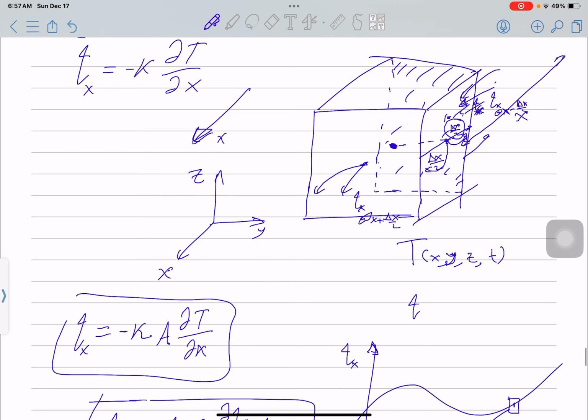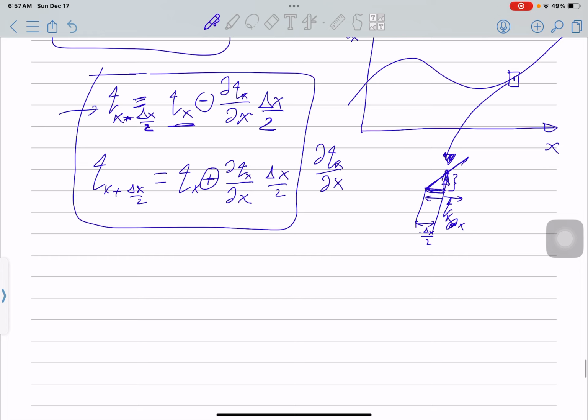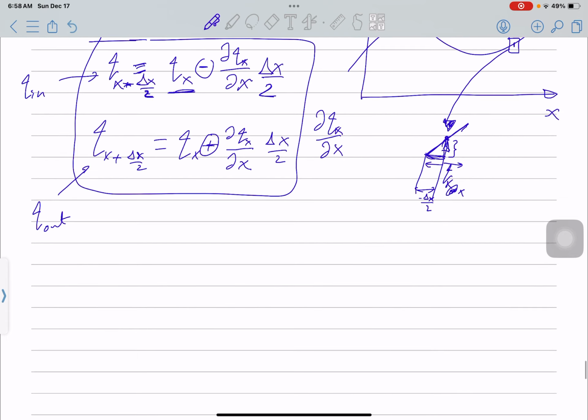So we have Qx at x minus delta x over 2 going into the object, while that point is out of the object. So we have this as q in, while that is q out. If we take q in minus q out, what will we get?